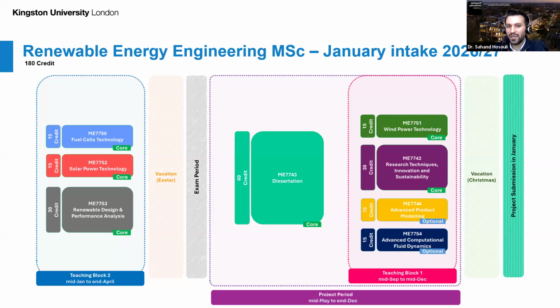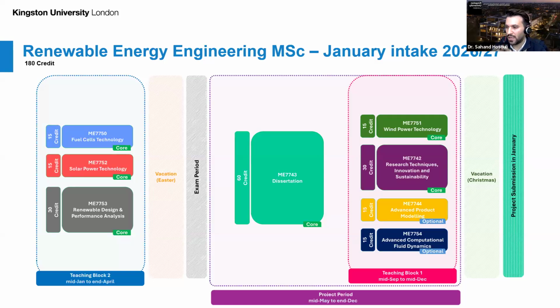So from mid-May, you're going to start by selecting your project topic and working on your project, and that is going to go until the end of December, with the delivery of the project in early January 2027. So it's a 1-year course, if you're going to do it full time.